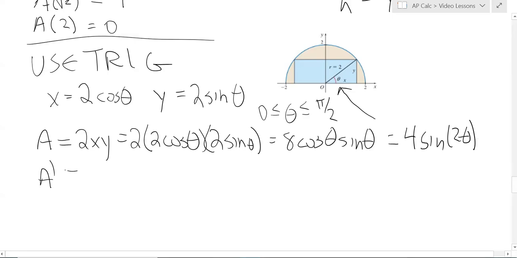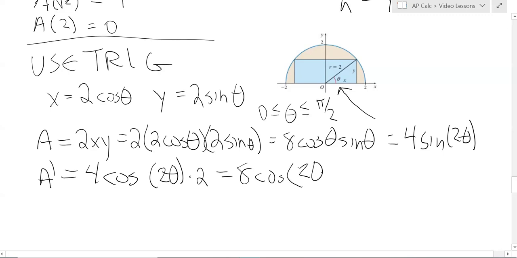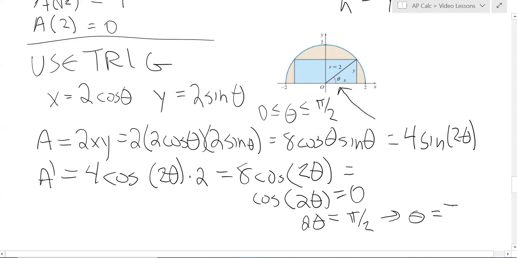So A prime is going to be 4 cosine 2 theta times 2, which is 8 cosine 2 theta. This equals 0 when cosine of 2 theta equals 0. So that means that 2 theta has to equal pi over 2, because cosine of pi over 2 is 0. And that means that theta itself would have to be pi over 4. So the only critical number in that interval is pi over 4.